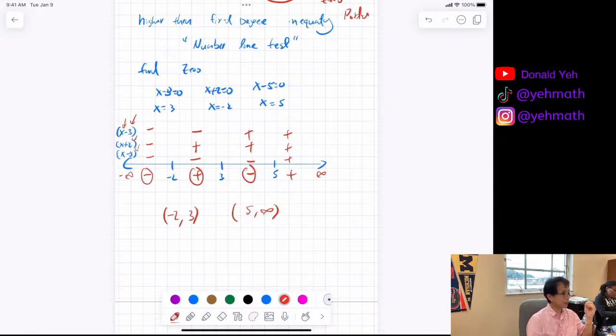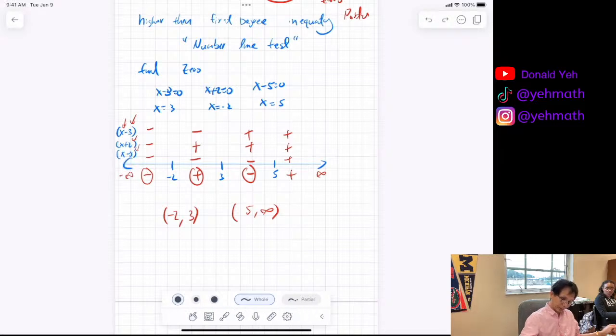How many of you don't understand? Raise your hand if you don't understand. Yes, Jayla. Positive, negative, between. How did you get those again? Okay, I plug in a number between negative infinity and -2.